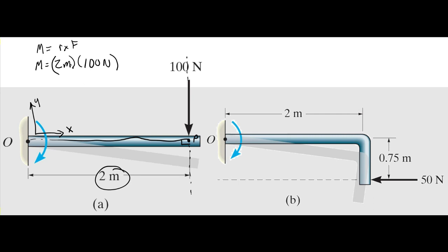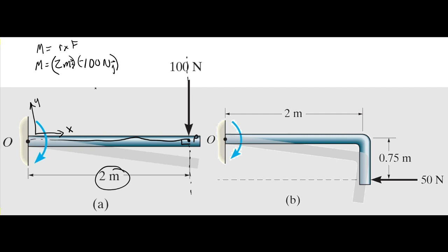So we could have said here 2 m i, right? And then we would say we have 100 newtons, and which direction is that pointing in? That's in the y direction, so that would be j, but it's in the negative j. So we would have j here, and then this would be negative 100 newtons.